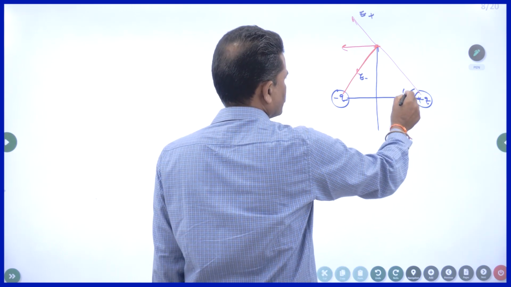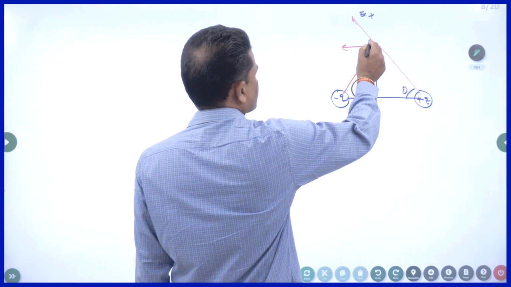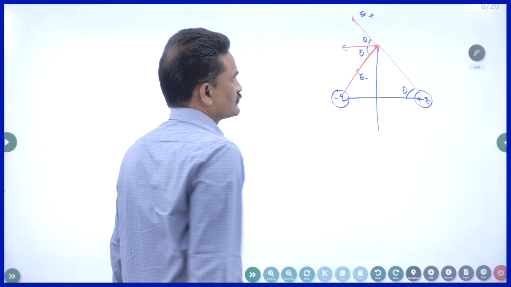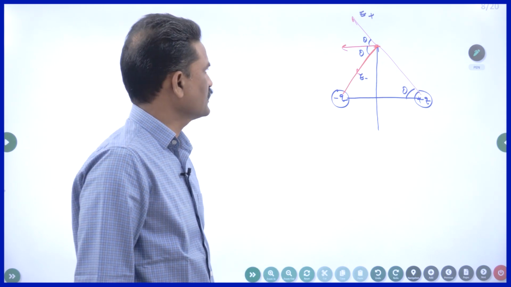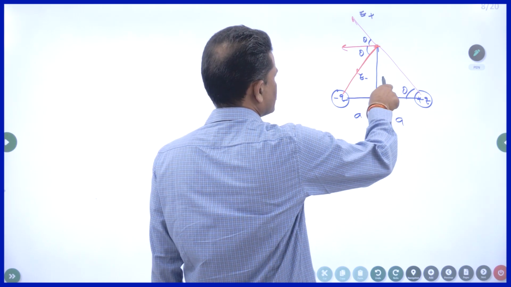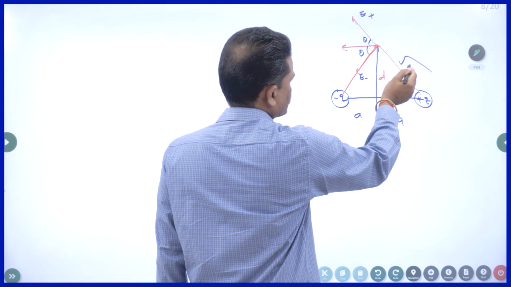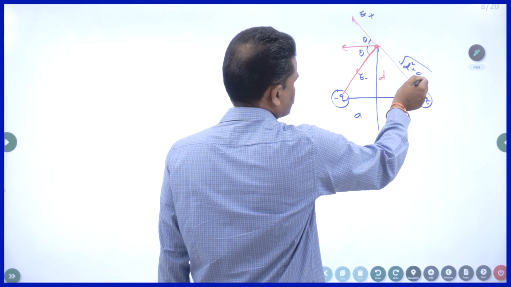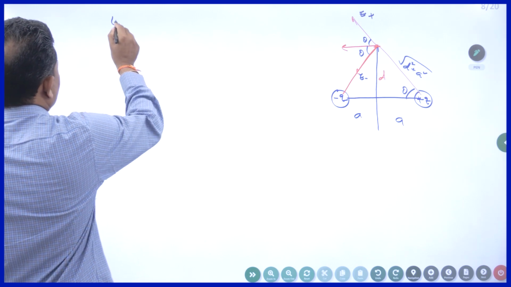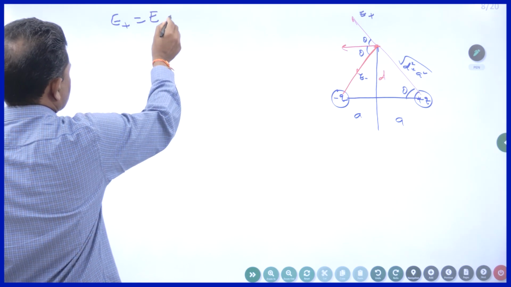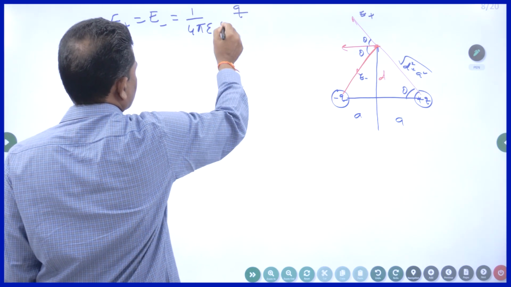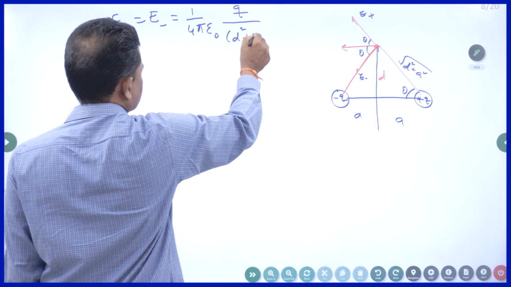Let the angle be theta. If this is theta, then this is also theta. If this is theta, even here also it is theta. This is a triangle, right? So this is a, and this is d, and this distance is d square plus a square. Is this clear? So both E plus and E minus are equal. So that is equal to 1 by 4 pi epsilon naught q by simply d square plus a square.